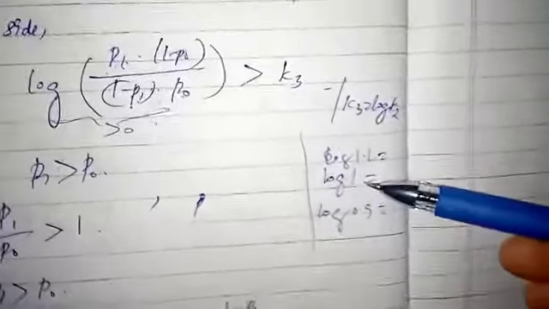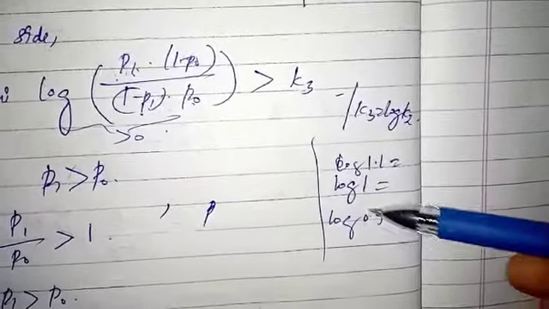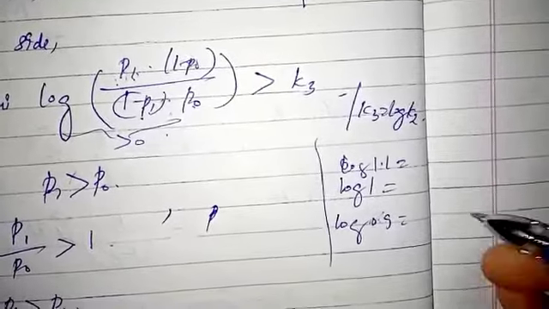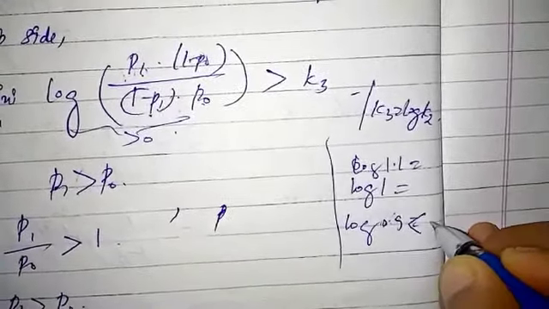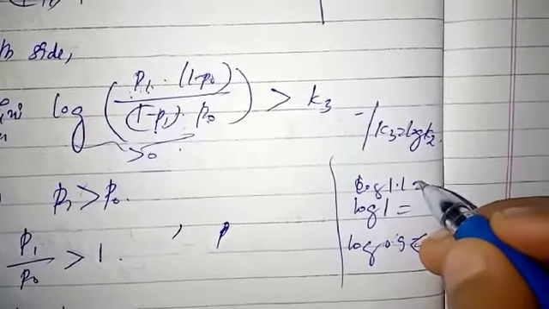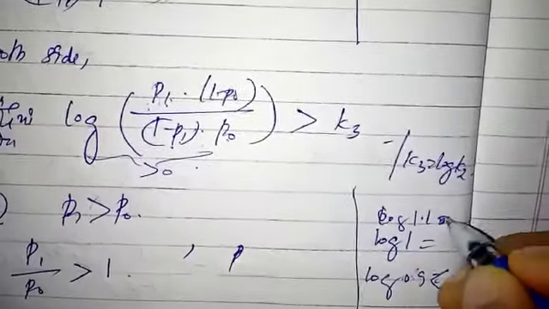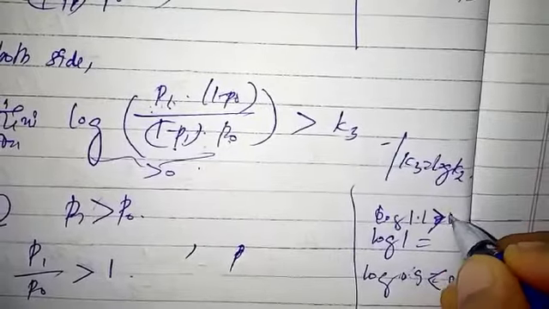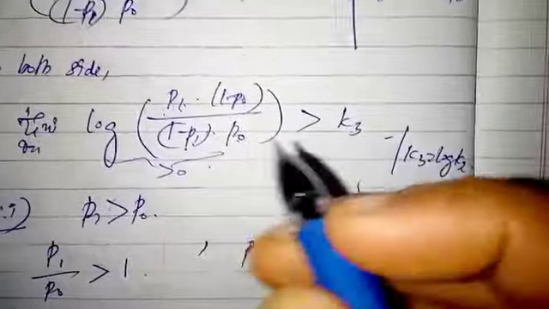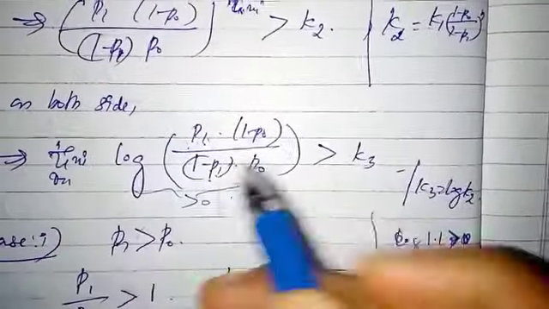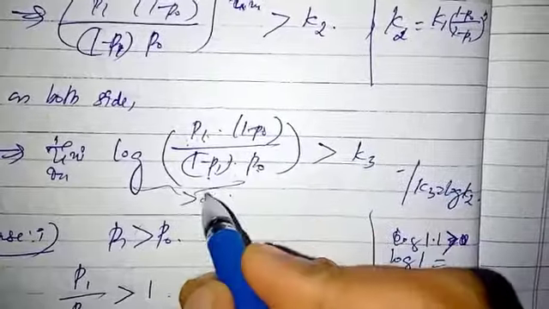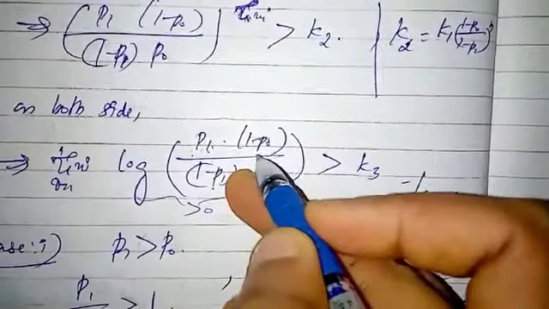When log of some value less than 1, then it takes negative values, less than 0. When log of some value is greater than 1, then the value is greater than 0, that is a positive number. Here this term is greater than 1, then log of this term is greater than 0, a positive number.